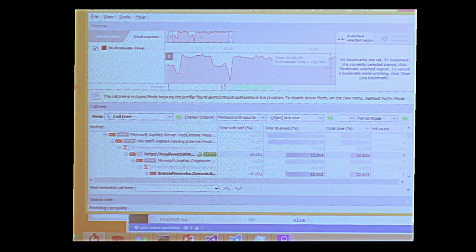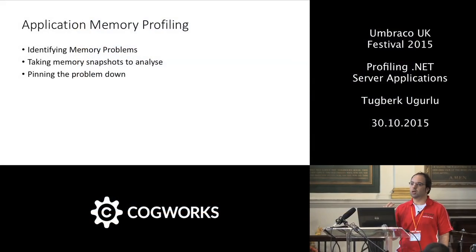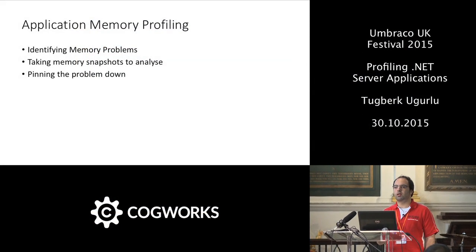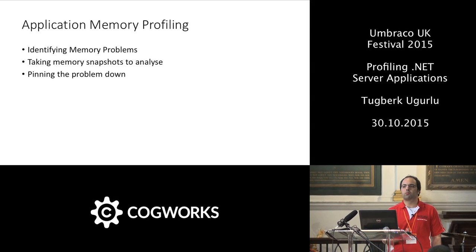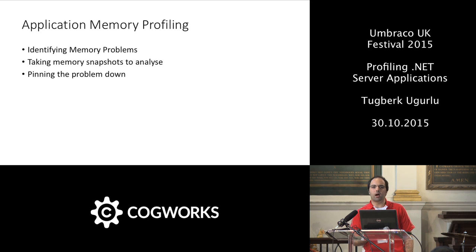The other thing, which is a bit more painful, is memory profiling. Performance profiling can be easier than memory profiling, because memory profiling is a bit harder thing to do, because you don't always know what the problem is, and identifying it is always something which is hard to do.